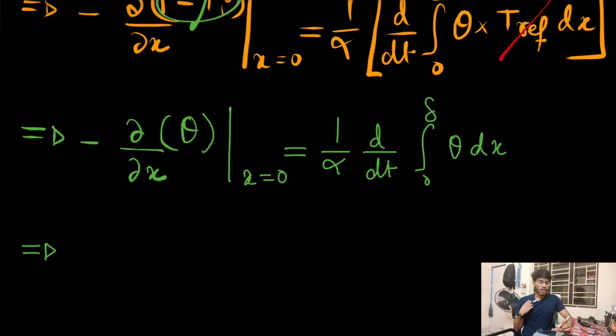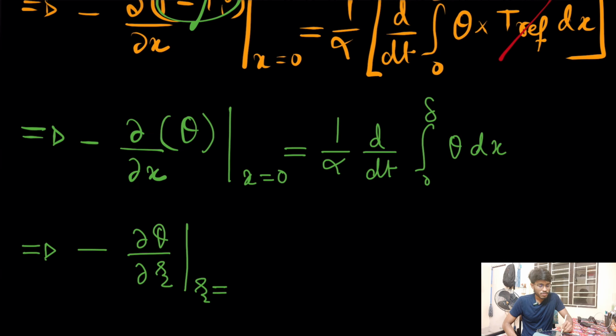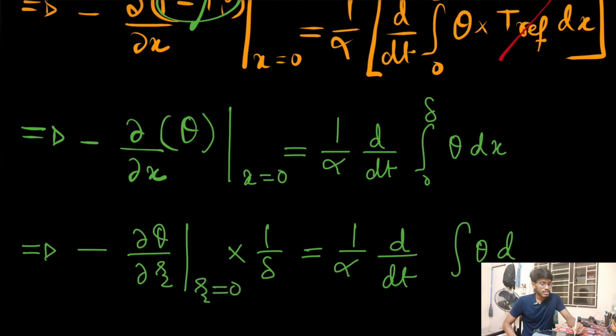So now this you can find, and you can also write del theta del xi, just you have to ensure that this is at xi equal to 0, and you have to write here 1 by delta, that is equal to 1 by alpha d/dt. Now you can just write here d xi, okay. Now you have written as xi, so you have to multiply by delta.